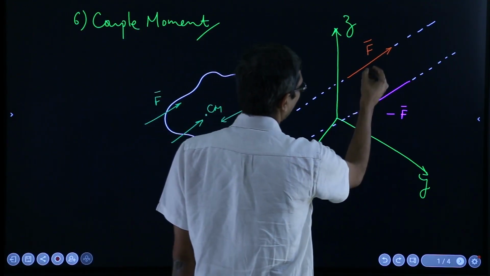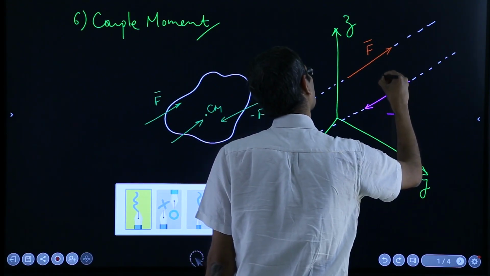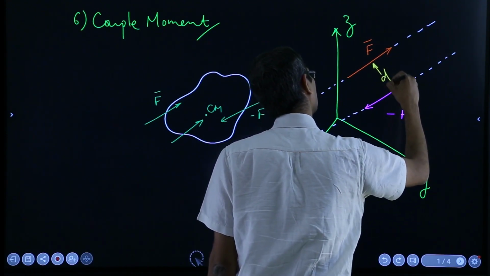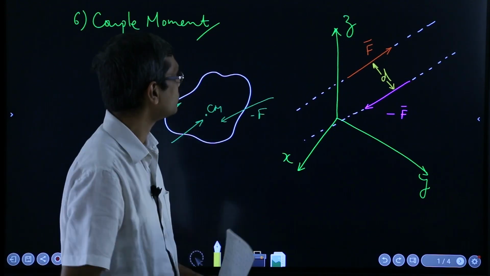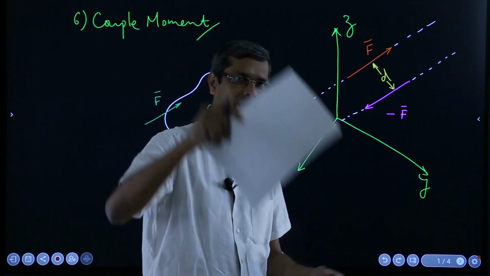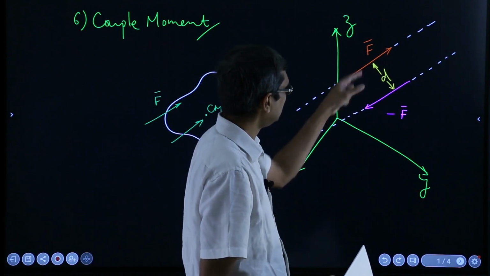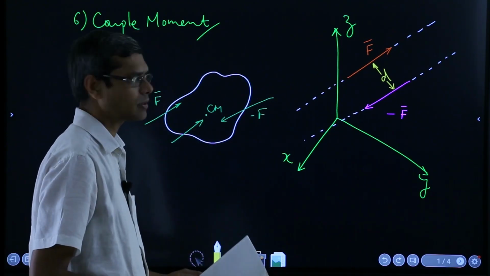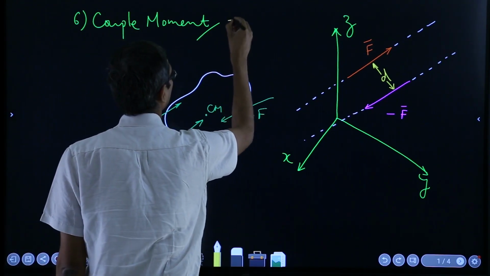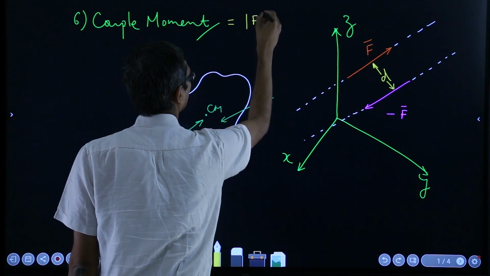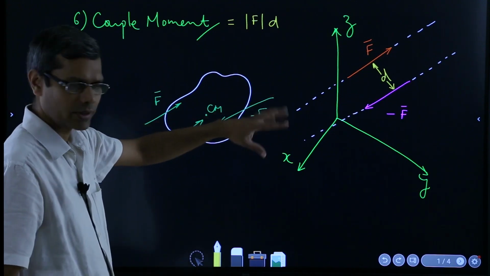If the distance between them is d, then please note that these two vectors are in space, and this distance also has to be measured in 3D. It is not on the plane with them hovering somewhere. So this d has to be properly measured. That distance times this F will be the couple moment. So this will be nothing but F times d.